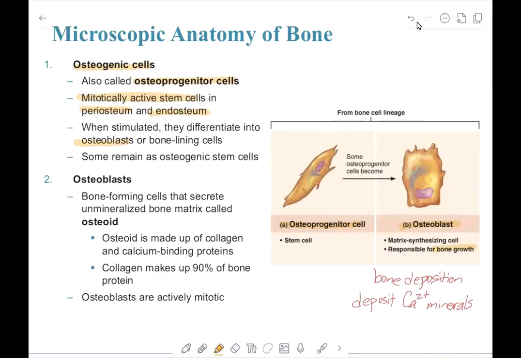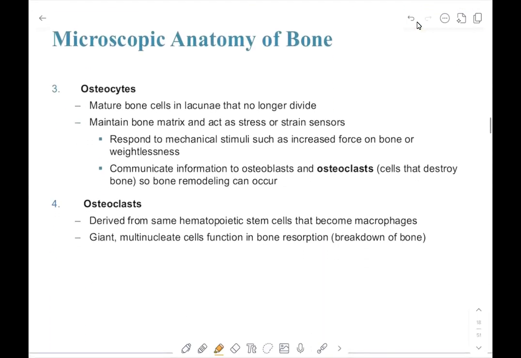And within osteoblasts, the osteoid is made up of collagen and calcium binding proteins. And collagen is almost 90% of the bone protein. So these osteoblasts are actively mitotic. Two other cells to consider are the mature bone cells, which are osteocytes.